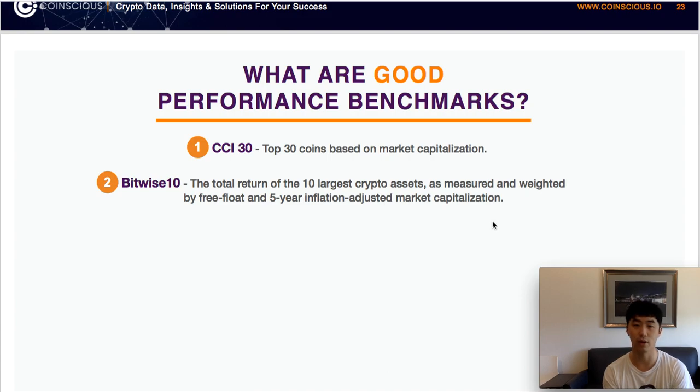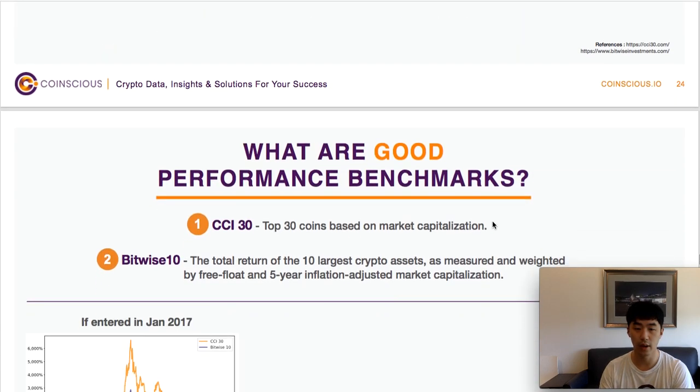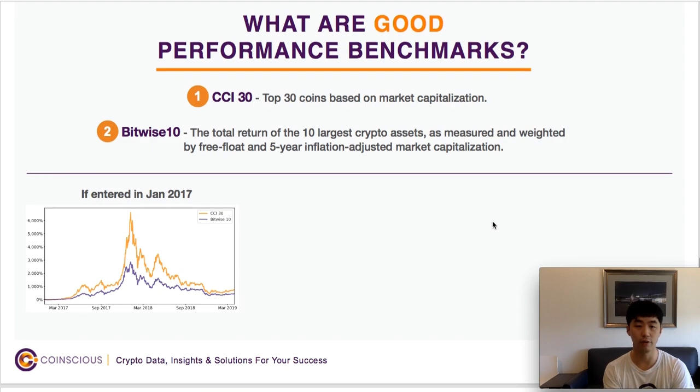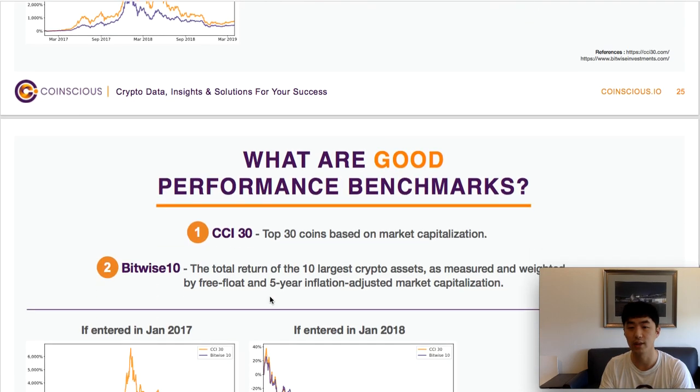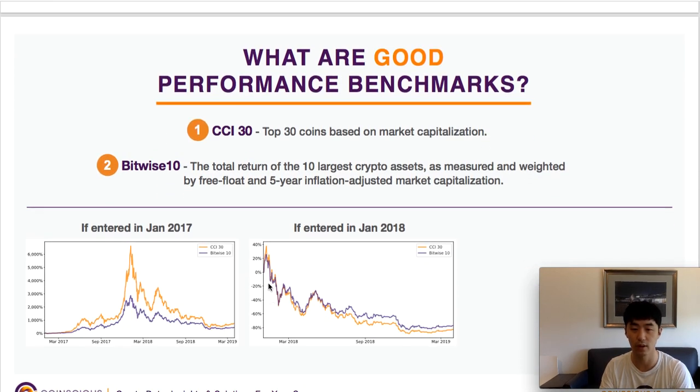inflation adjusted market cap. So now let's look into, if you have entered the market and your portfolio is somewhat similar to these two indexes, what's the performance return rate? Here at the end, both their return rates lie around 1,000%. Now say you entered in January 2018, what's your performance?